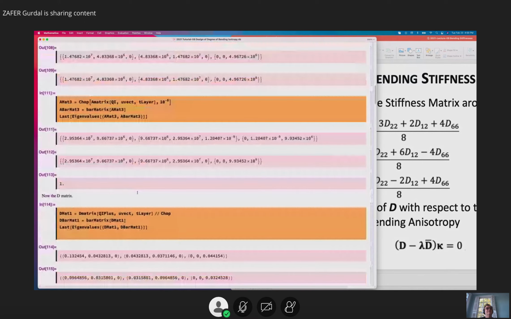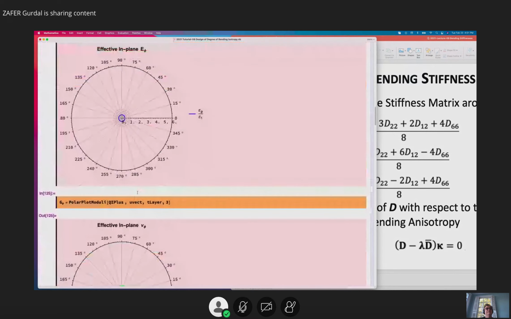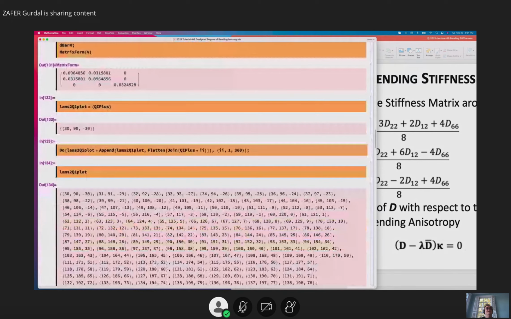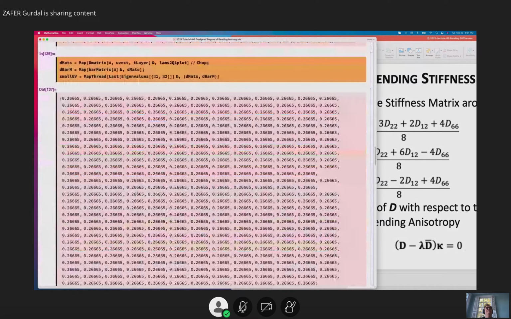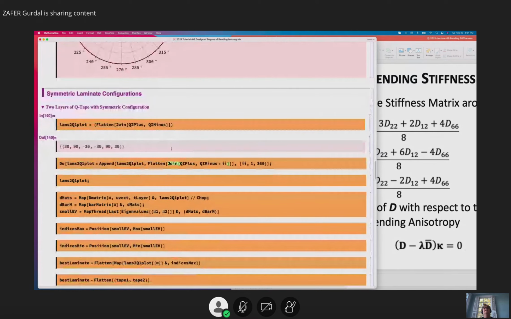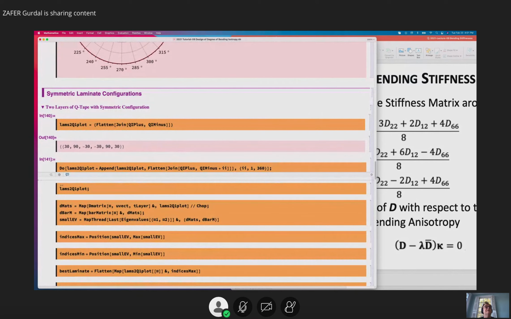All right. Symmetric laminate configuration, but the bottom layup is going to be rotated by this angle. It does all of those here.